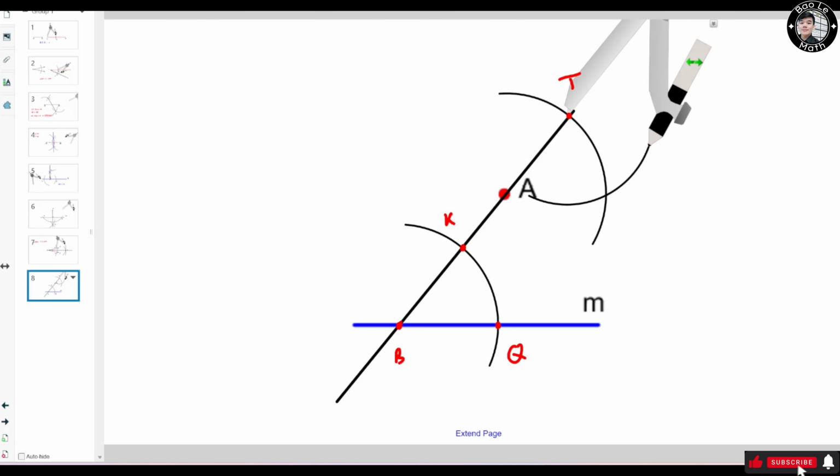So I have the new intersection point. I'm going to call this point C. Now I'm going to use the straight edge to connect AC. The line AC is parallel to line M right here.